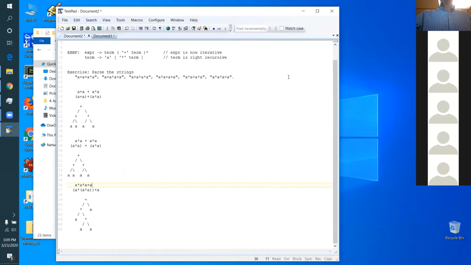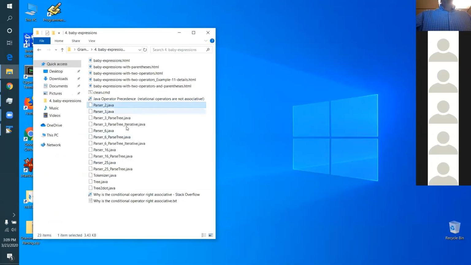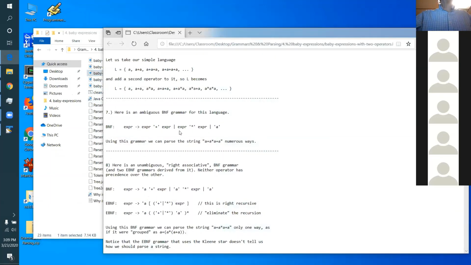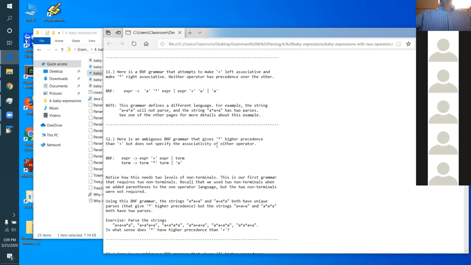Okay, now let's look at another. That was the two operators. Here's more detail about this example 11.